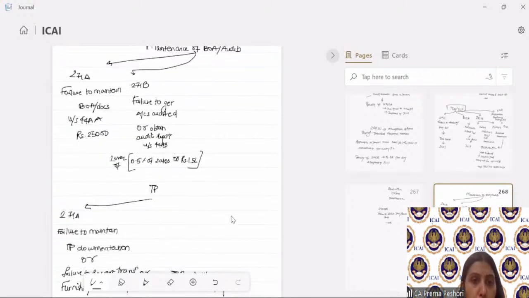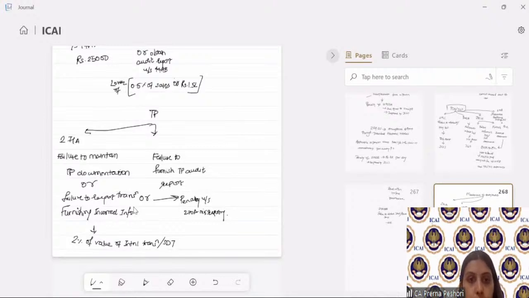Then, if you fail to furnish the TP audit report, right, then the penalty is going to be rupees 1 lakh.